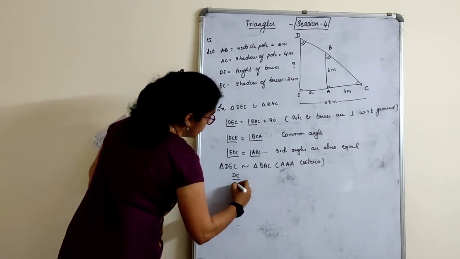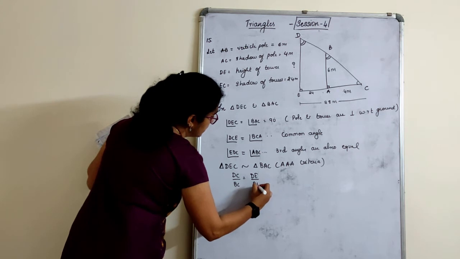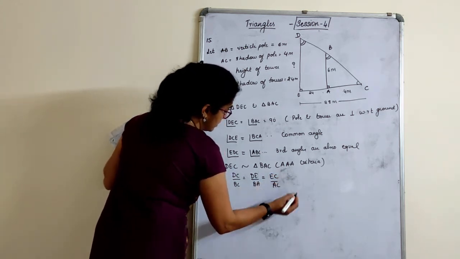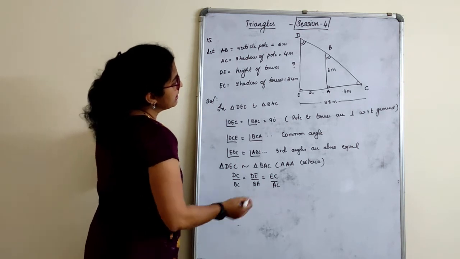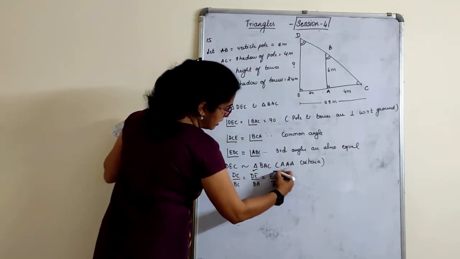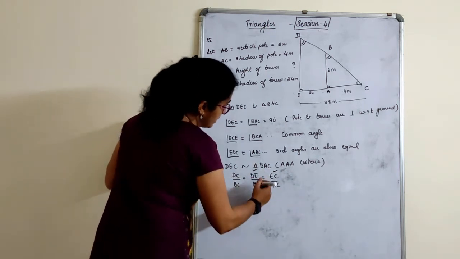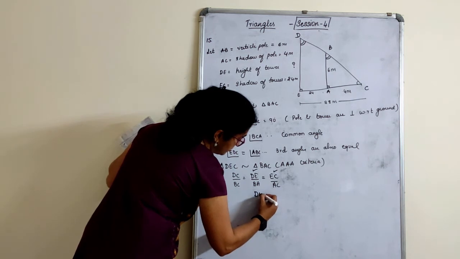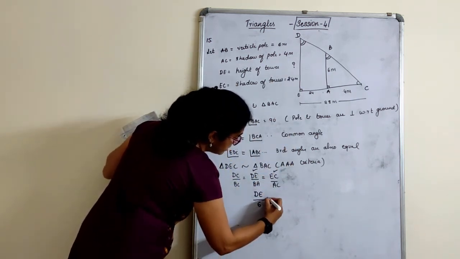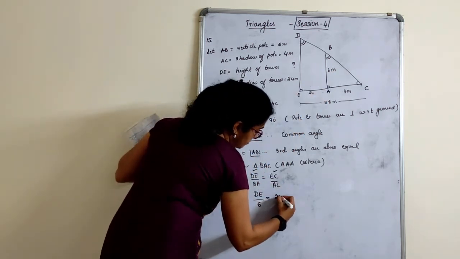BC upon BC is equal to... BC is nowhere required. We only require these two sides. Utilize these two. What is the measurement of DE? That is what you have to find out. What is the measurement of DE? It is 6. What is the measurement of EC? 28.